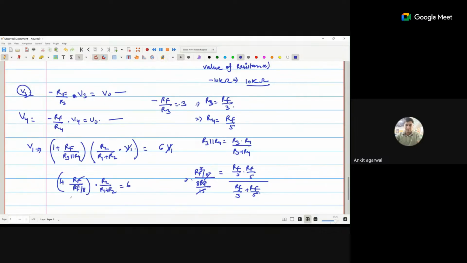So RF cancels out, and this is 9. R2 upon R1 plus R2 is 6 by 9.